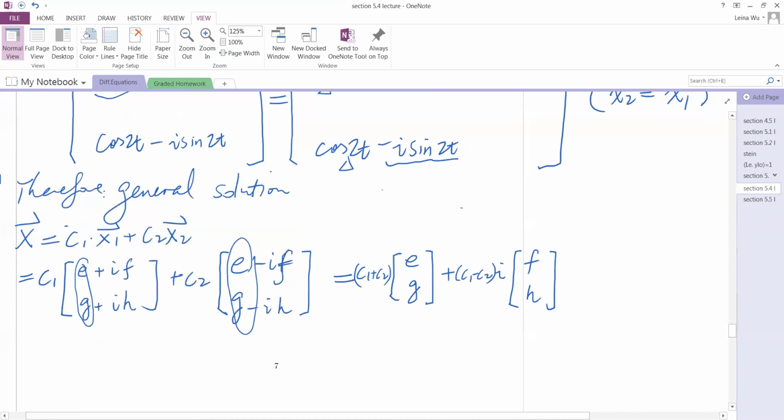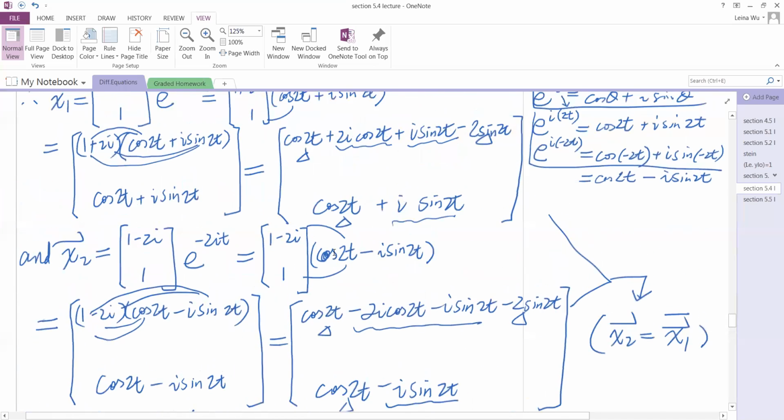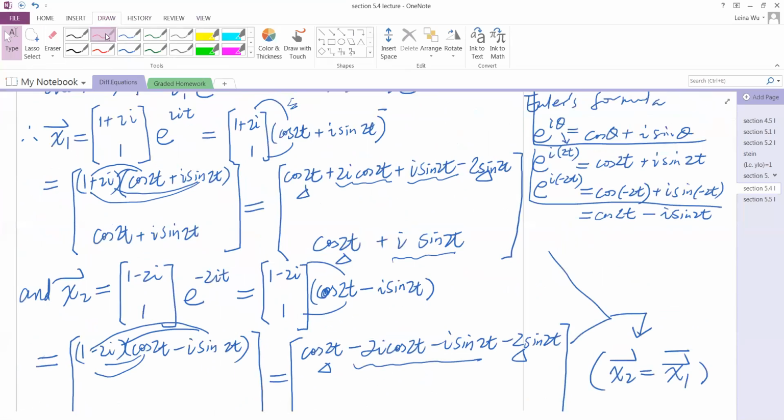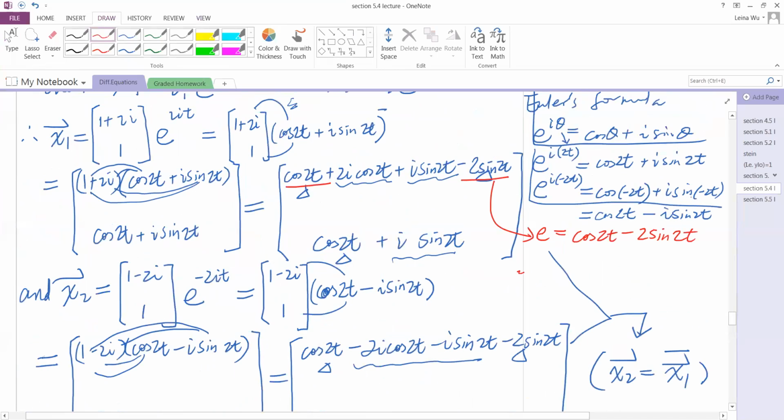All right, so here, let me rephrase with my E, F, G, H, in case you are confused. Let me use another color. This will be my E: E would be cosine 2t minus 2 sine 2t, which is the real part of the first component.